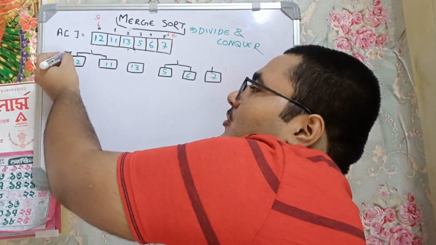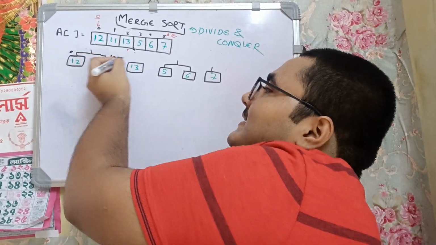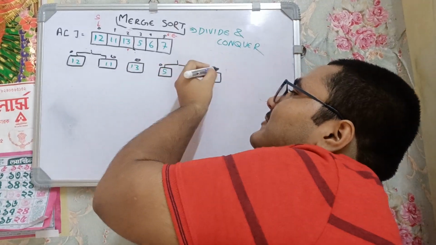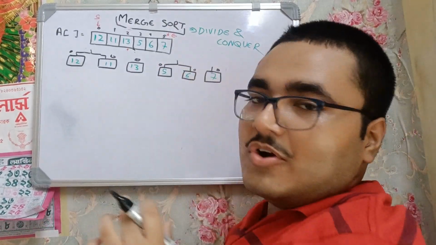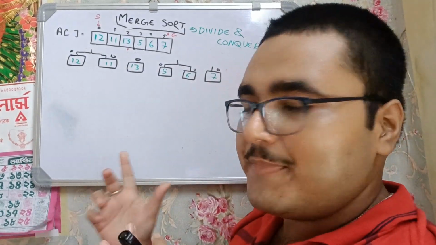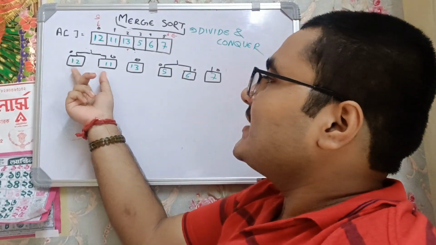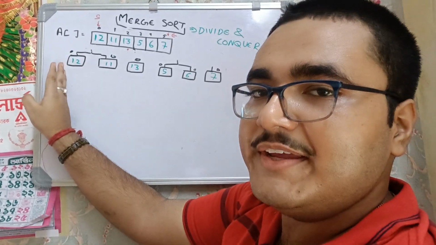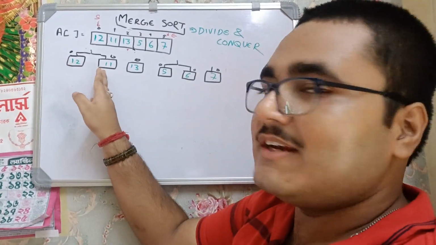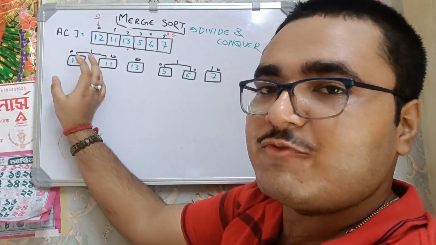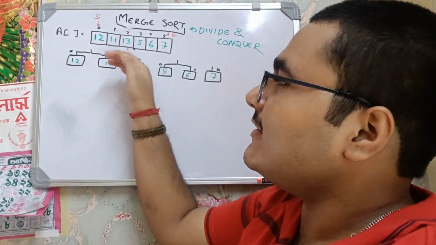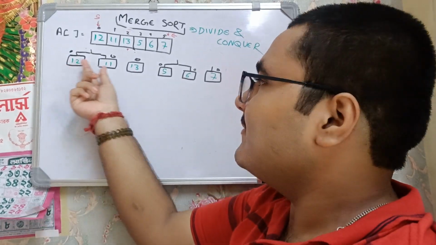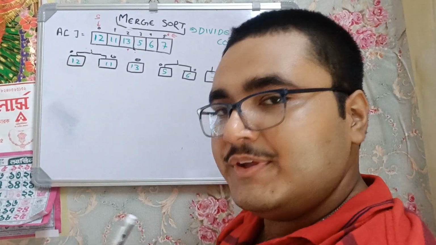Now while merging we need to compare every time the greater or the shorter. Now we need to start our comparison. If I see these two elements, this is the left half of the tree so formed and the right half of the tree. Just the left portion I am seeing. This is the right portion of the higher parent, right? So this is 12, this is 11. Now we need to compare.